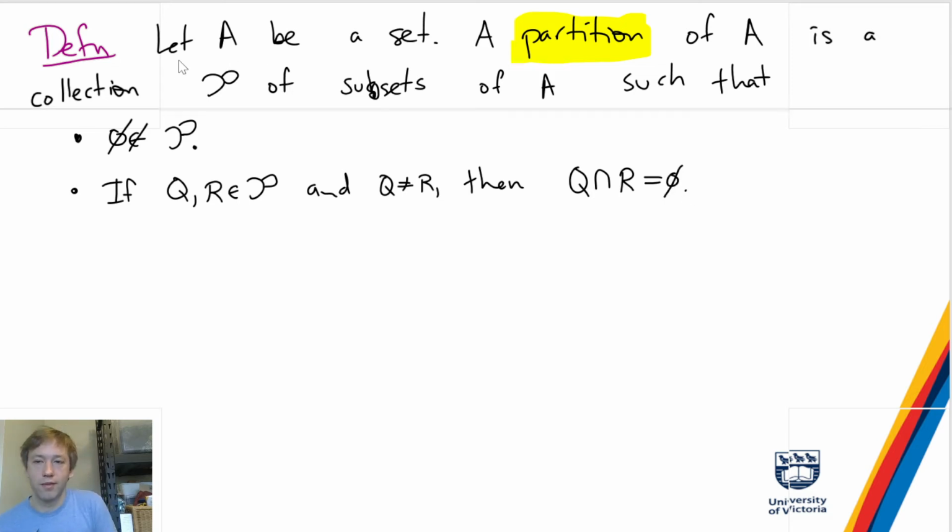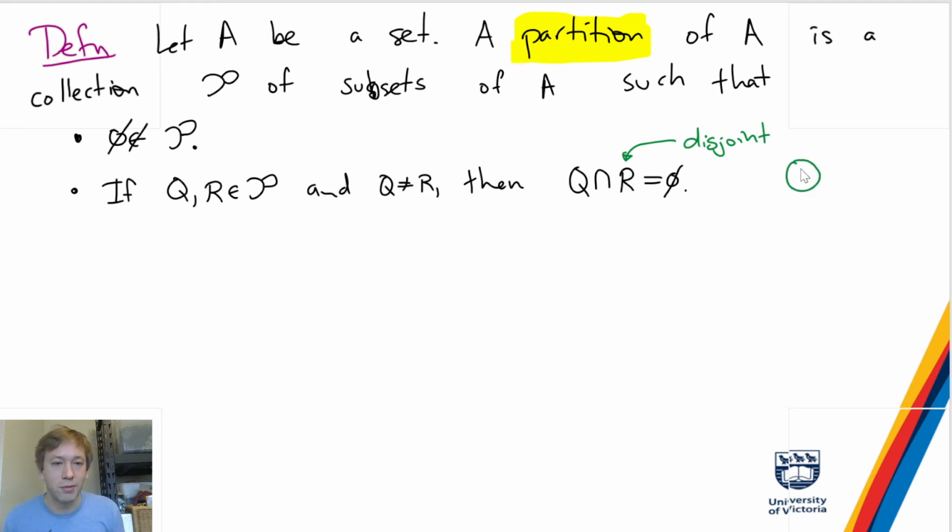Maybe I've never used this word before, I'm not sure. But if I haven't, the word disjoint means that 2 sets are disjoint if they have empty intersection. So if I look at Q and R, their Venn diagram looks like this. There are no common points, no common elements.